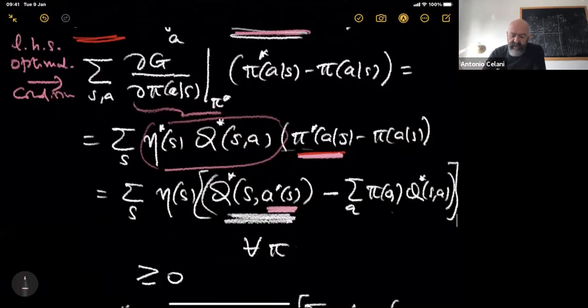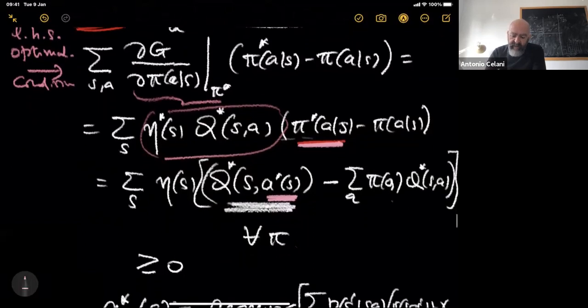Now, since my choice was that Q star was the largest one for every S, by definition, this thing here is larger than any other item.